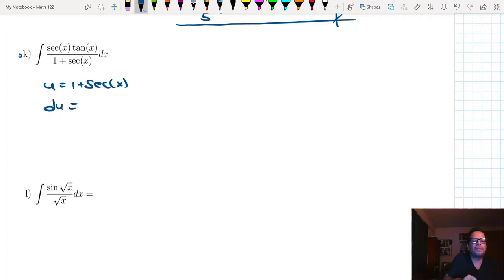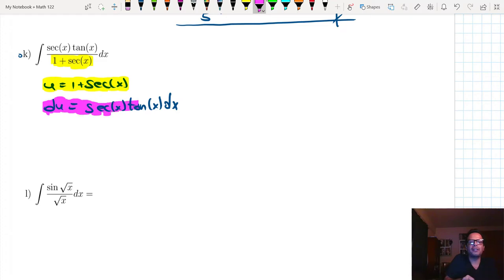And du will be secant of x tangent of x dx. Let's highlight whatever u is going to take the place of, in this case 1 plus secant x, and with purple we highlight whatever du will be taking the place of, in this case secant tangent x dx.